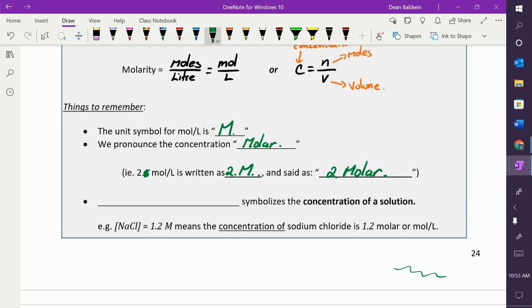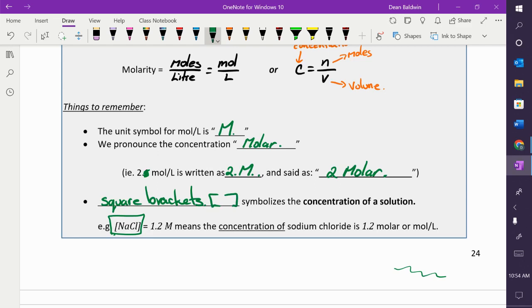Also, because we're lazy and we don't want to write concentration, we have a special notation, which are these square brackets around the substance. So if you put square brackets around a substance in chemistry, that means the concentration of that substance is, and then whatever the number is. So we use square brackets to represent concentration. Like that.